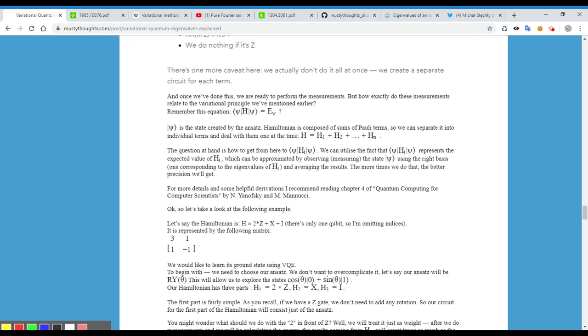We can utilize the fact that this represents the expected value of Hi, which can be approximated by measuring the state many times, using the right basis, the one corresponding to the eigenvalues of Hi, and averaging the result. The more times we do it, the better.